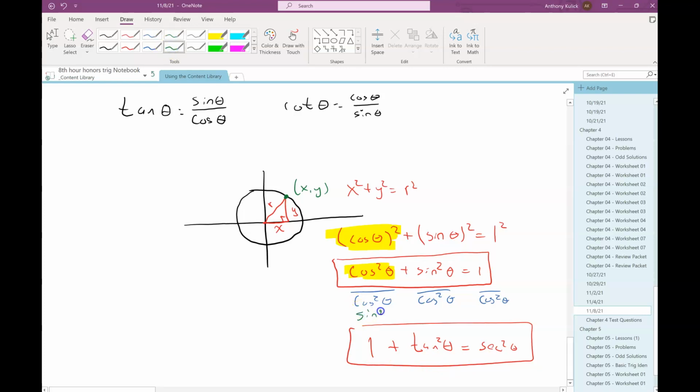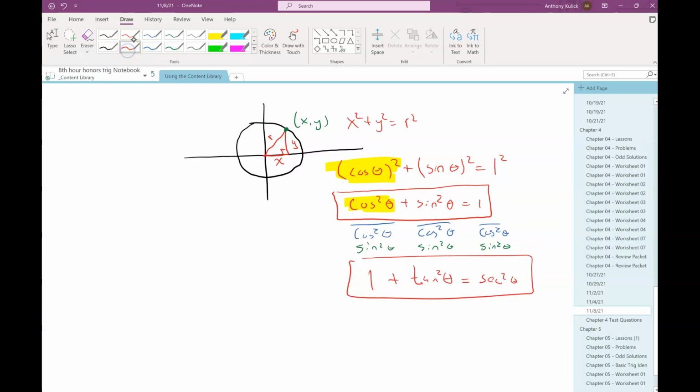And say instead of dividing by cosine squared, what if we had divided by sine squared? Well, cosine squared over sine squared is going to be cotangent squared. Again, we noticed just a moment ago that cosine divided by sine is cotangent. Sine squared divided by sine squared is 1. And 1 over sine squared is going to be cosecant squared. You guys cool with that?